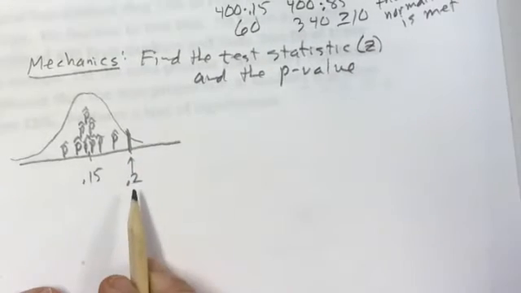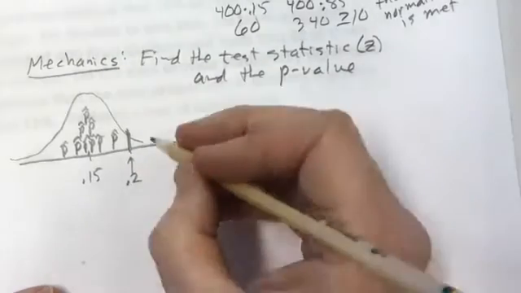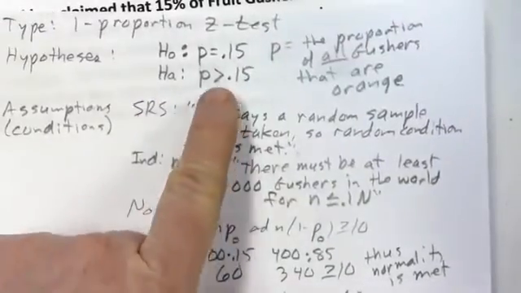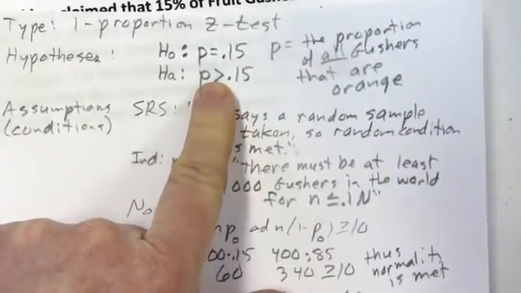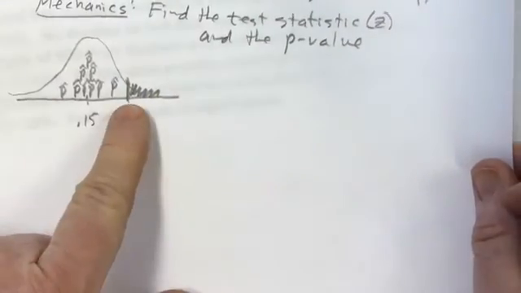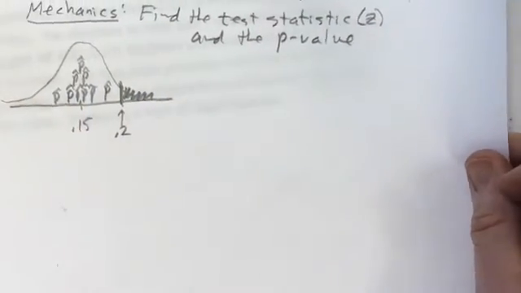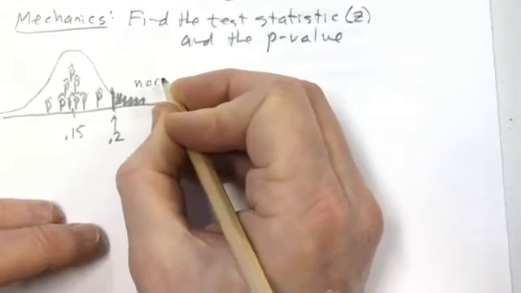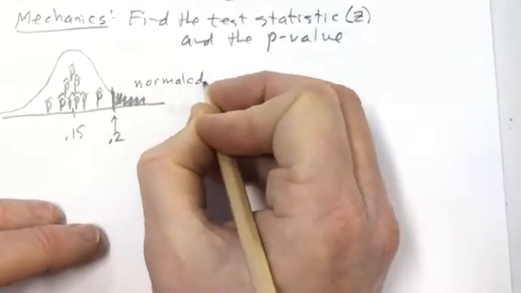The p-value is the probability of that or more unusual. We go greater than because that's what the alternative says. If the alternative said greater than, you go greater than. If it had said less than, you go less than. And how can we find that area? Just like what we did in chapter 7, we'll do normal CDF.